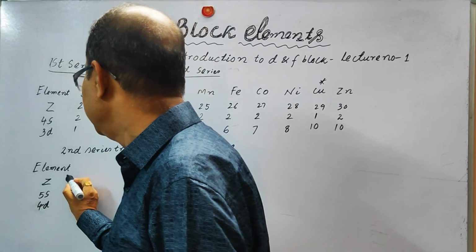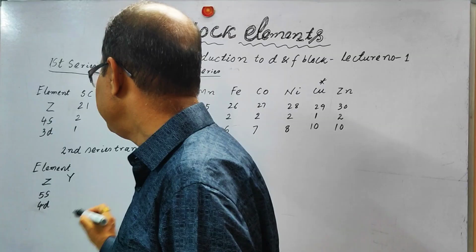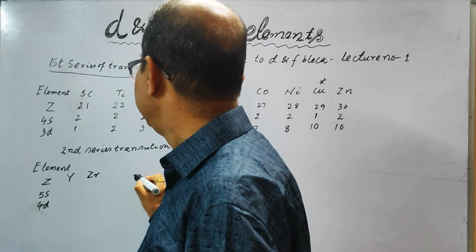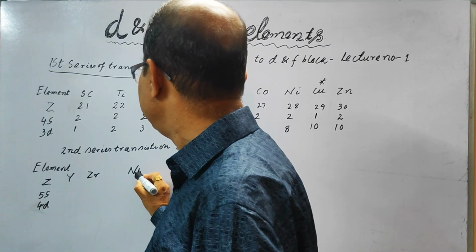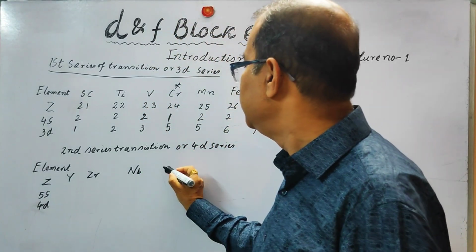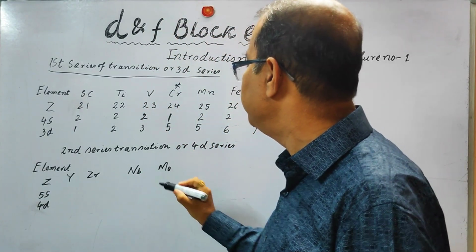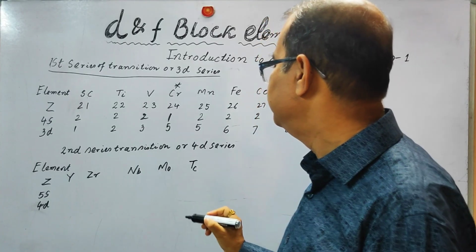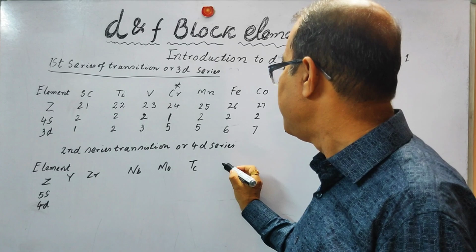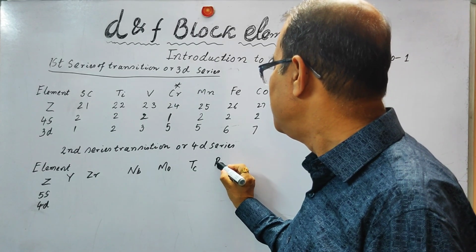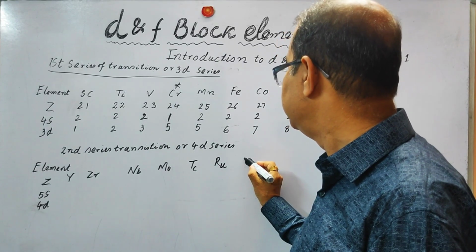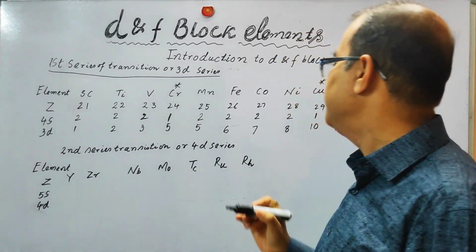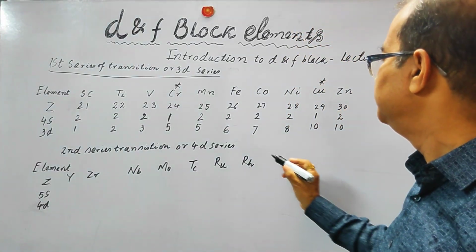Here the first element is yttrium, then zirconium, then niobium, then molybdenum, then technetium, then ruthenium, then rhodium, Ru, Rh.